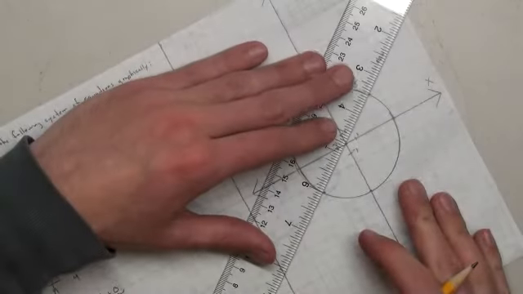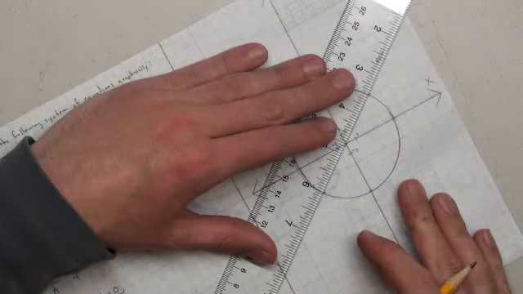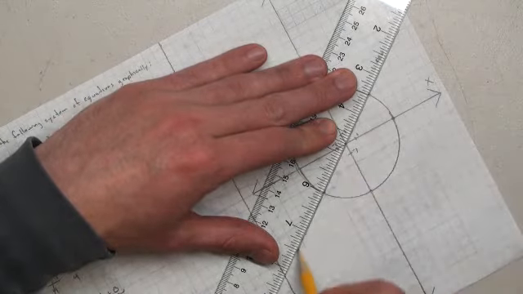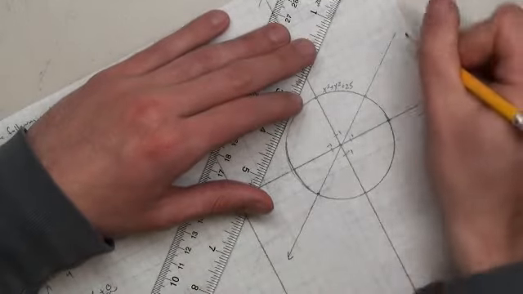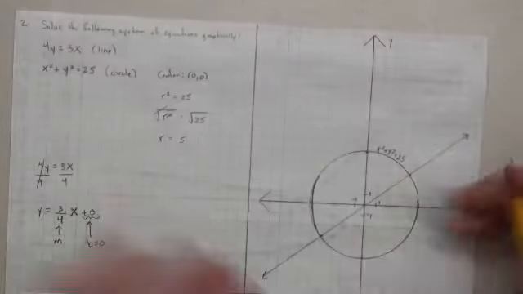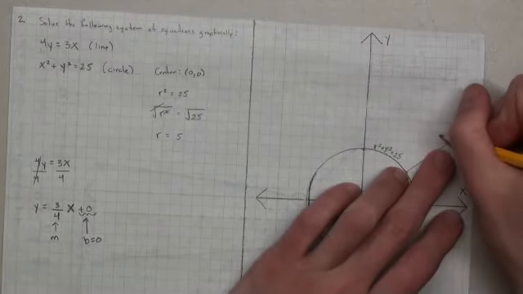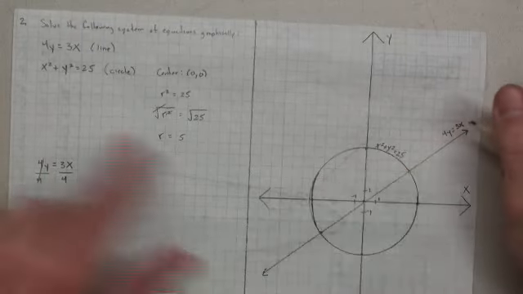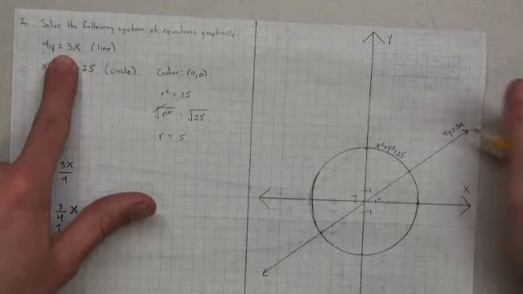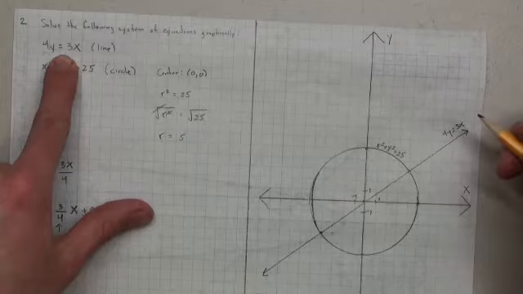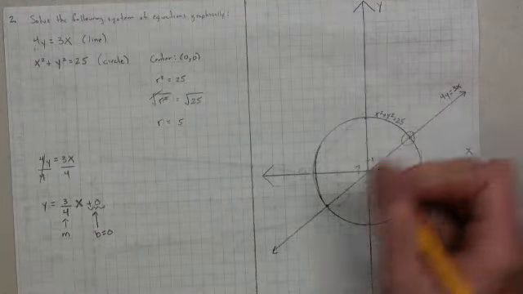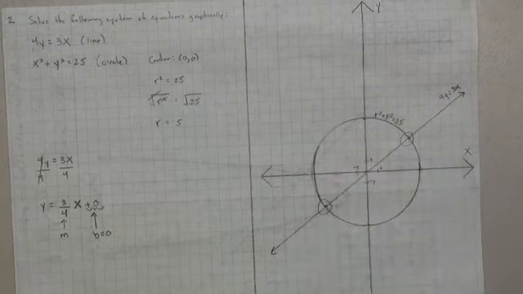And I draw my line. And this is the line 4y equals 3x. I usually put the original on here. Okay? There's 2 points of intersection, right here and right here.